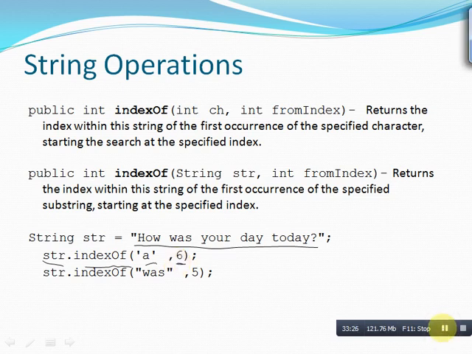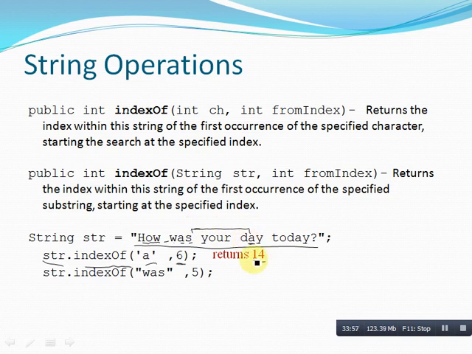You count from the sixth character, after that it will look for a. So what is the output for this? It is 14. Why? Because if you see here 0 1 2 3 4 5 6, it will start searching from here for a. You find it at the 14th character, so it will return 14.